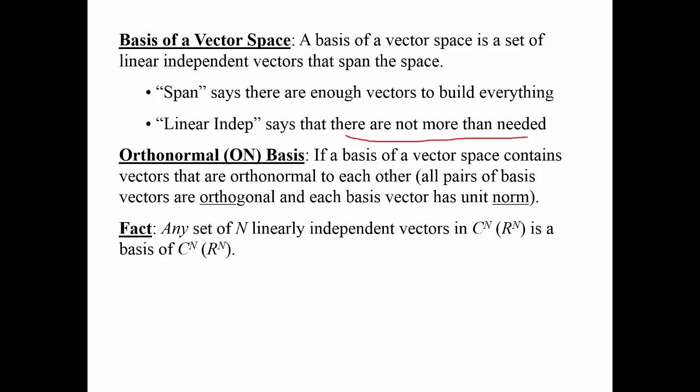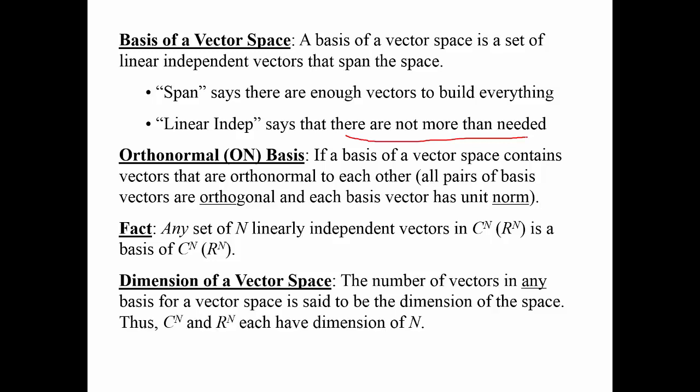So any set of n linearly independent vectors in Cn or Rn is a basis of Cn or Rn respectively. And that leads us to the idea of dimension of a vector space. We'll come back to this idea towards the end, but it's the number of vectors in any basis.